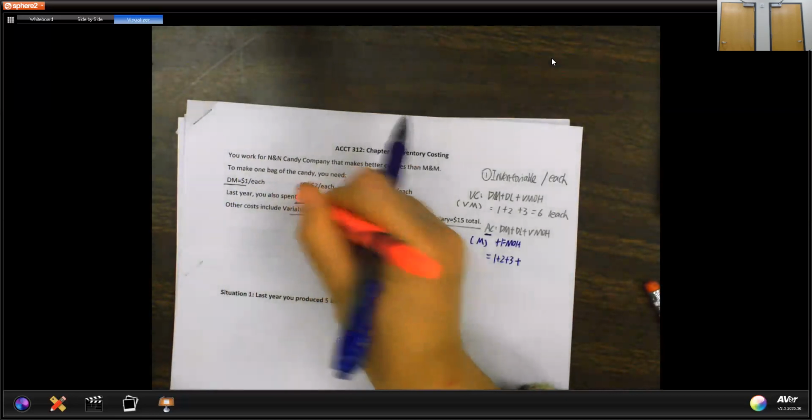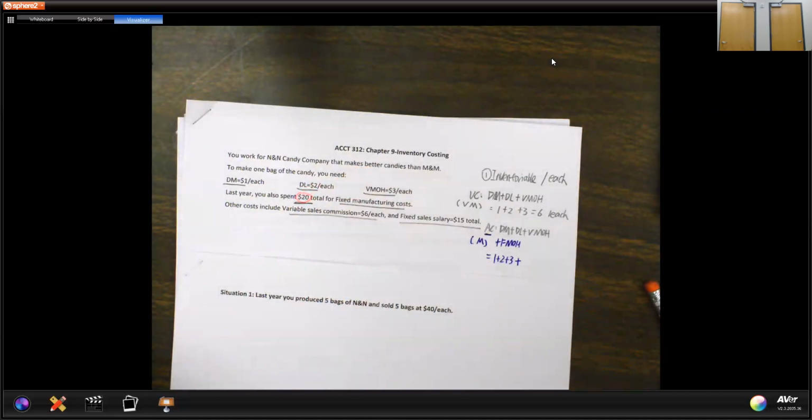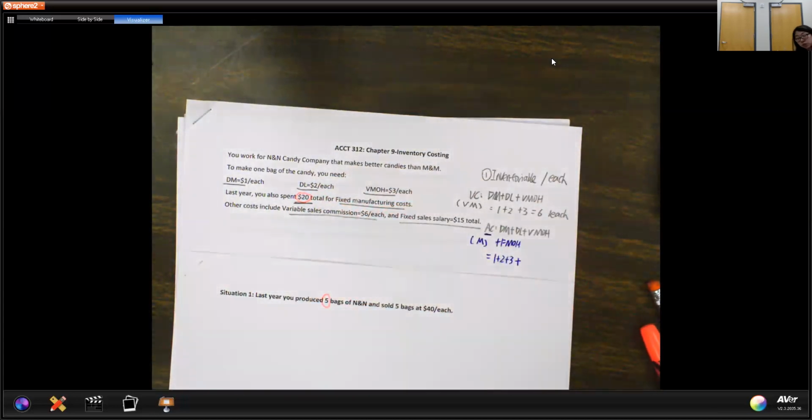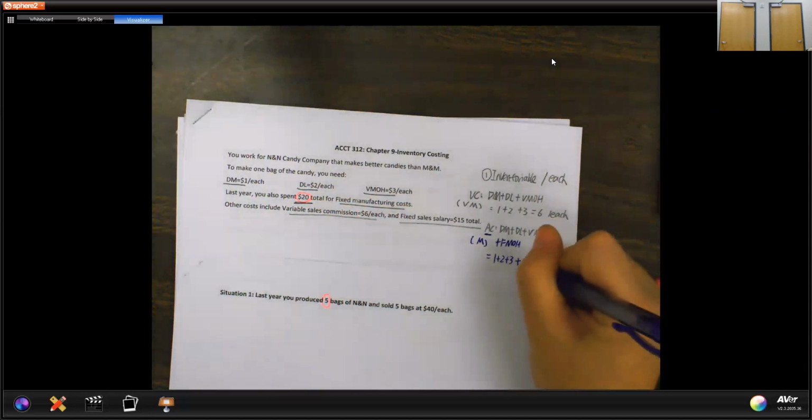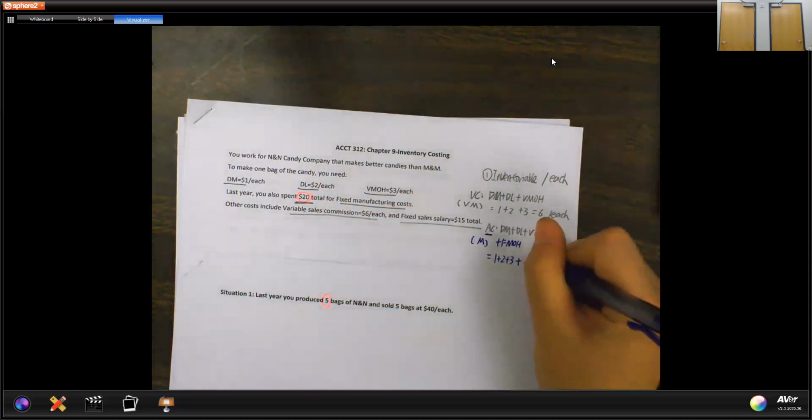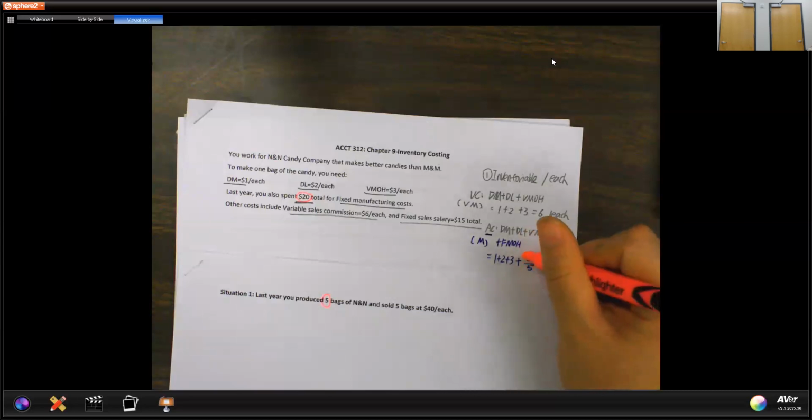You used $20, and you manufactured 5 units, right? You spent $20 and you got 5 units. So each unit, if you have learned cost accounting, you have to allocate it. So each one will be 20 divided by 5. So this is our allocated fixed manufacturing cost.